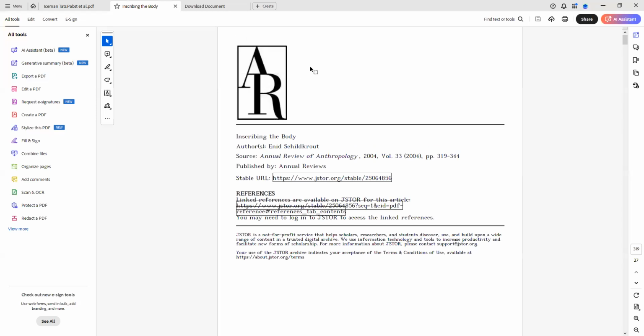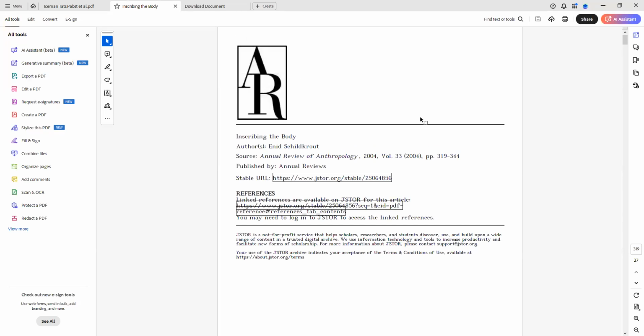I'm going to go back over here and find my article from JSTOR, which is the one called Inscribing the Body. Okay, so now I've got that. Now I'm coming back to Zoom again and I'm going to do a screen share for this PDF file. I downloaded this from the database as a PDF file.